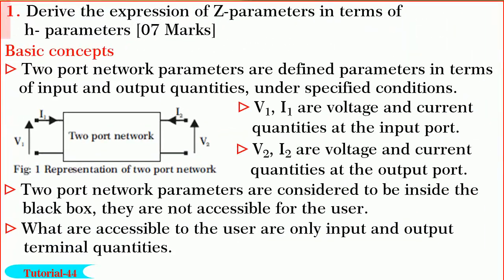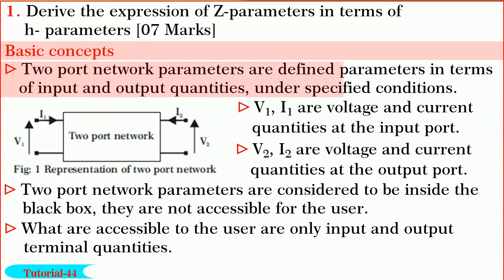Friends, first let us solve the question to derive expressions for Z parameters in terms of H parameters of a two-port network. Let me briefly explain the basic concept of two-port network parameters.